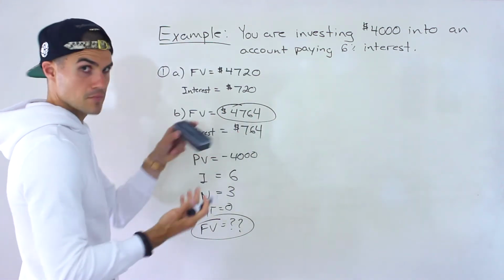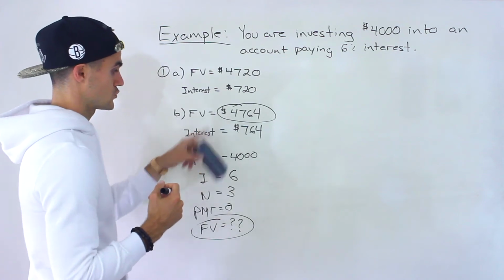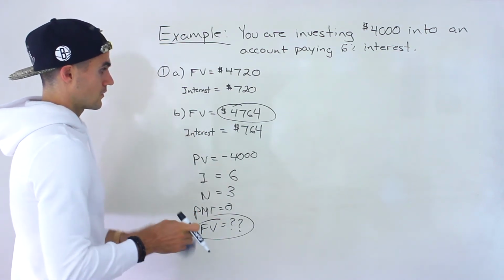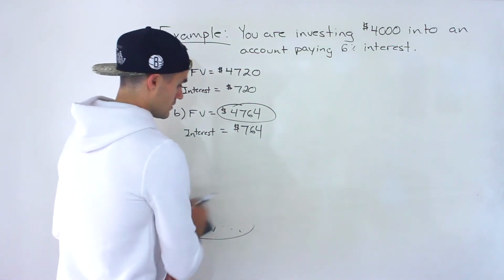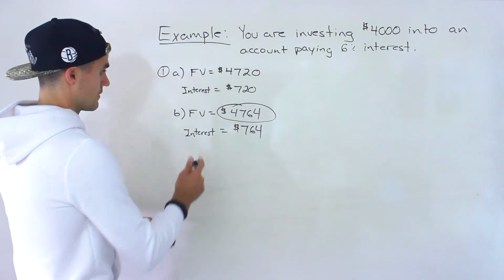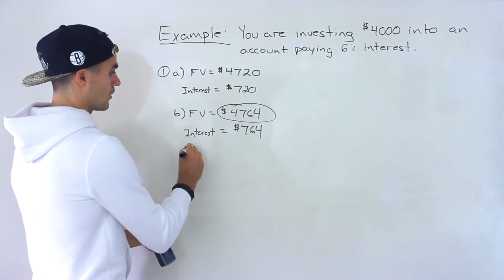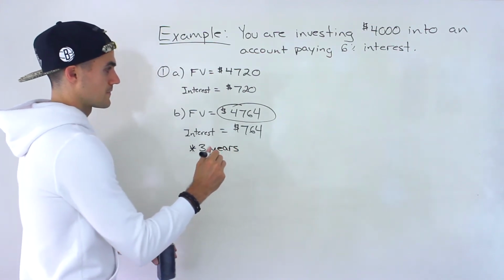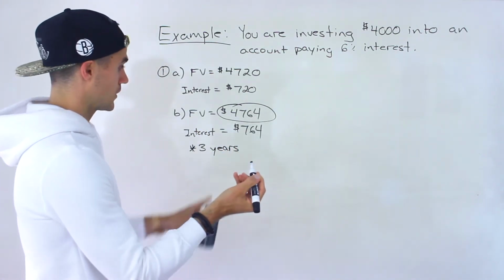And then again, to get this amount, you just take the difference between the future value and that present value. So these amounts here, simple interest, compound interest, this was for a time period of 3 years. Now let's see what happens when we up this.